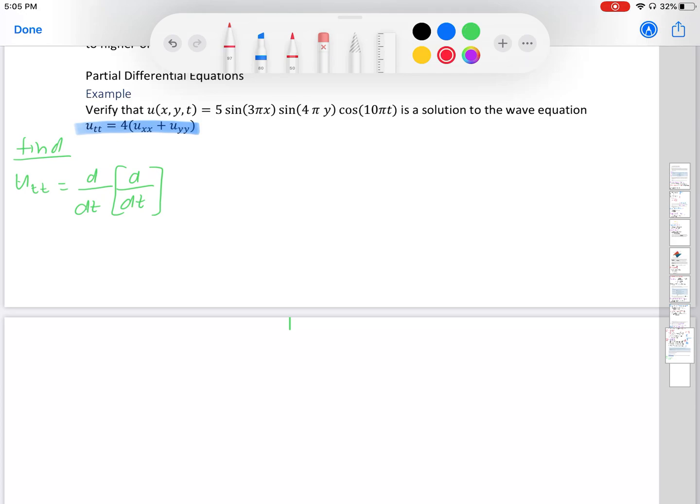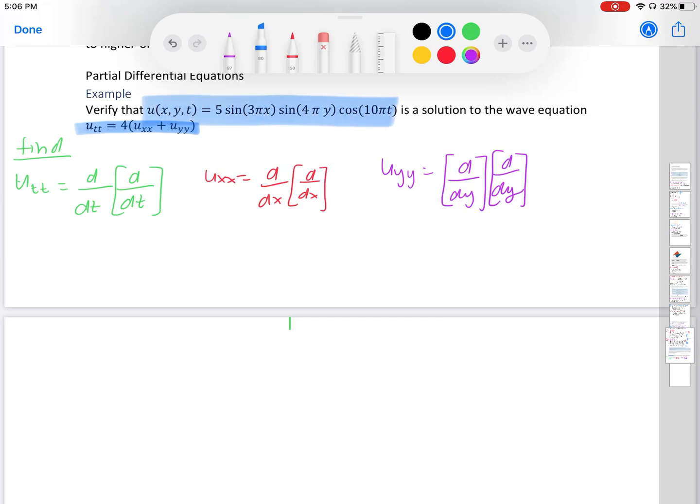And you need to also find the derivative in terms of x twice, and also the derivative in terms of y twice. We have to find each one of these separately from your given function.